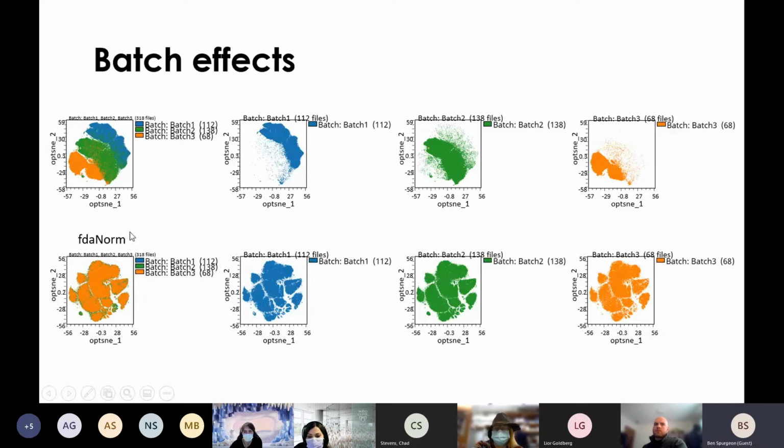But after normalization, the results were much more consistent across each of the different batches. So it seems like this could be a possible solution to address the batch variation that we're seeing in some of our samples.